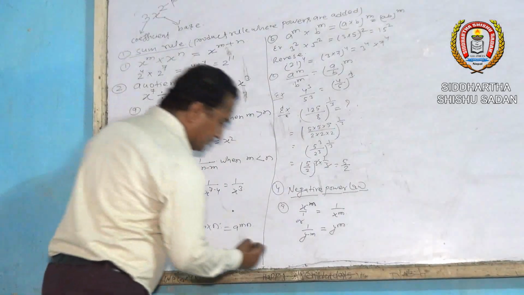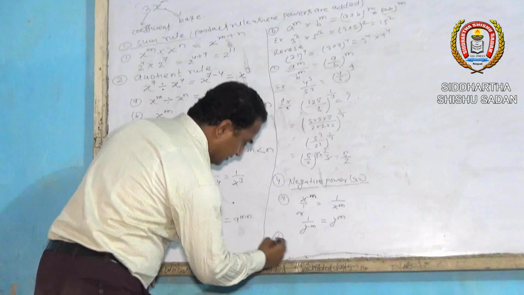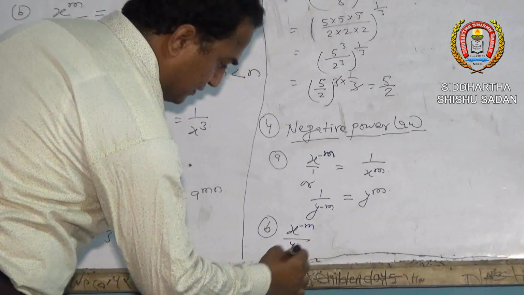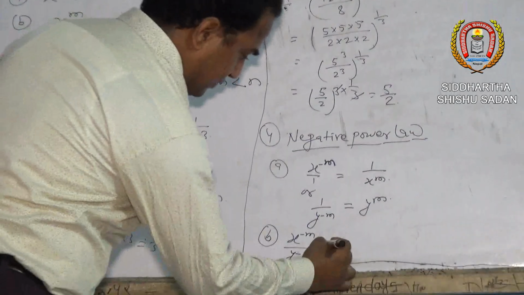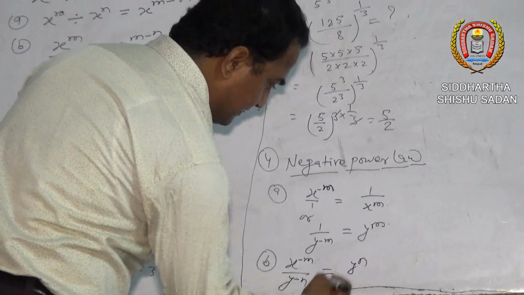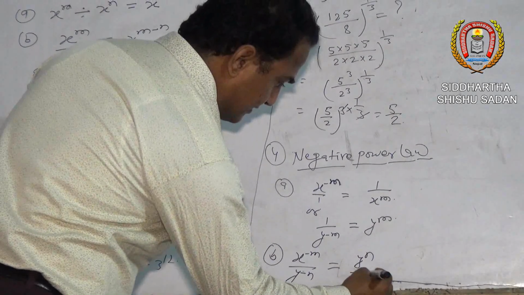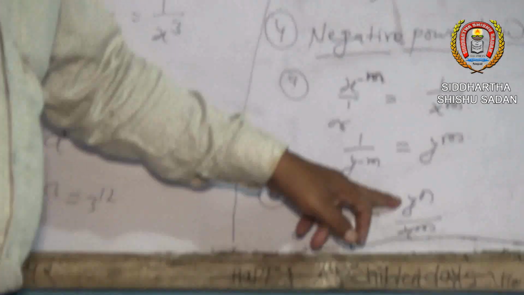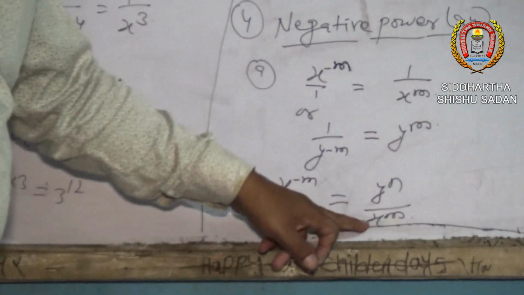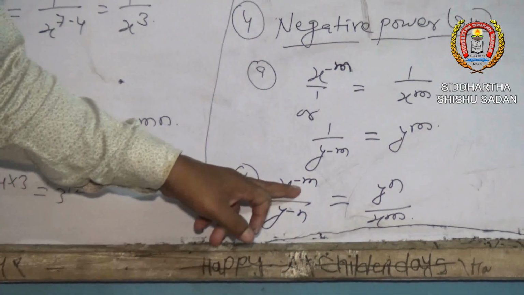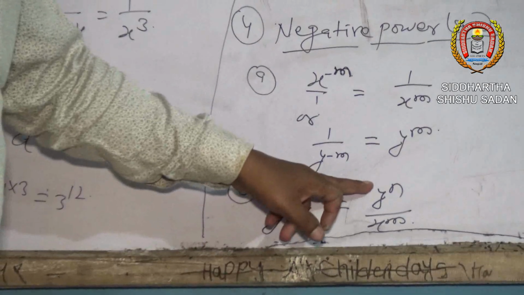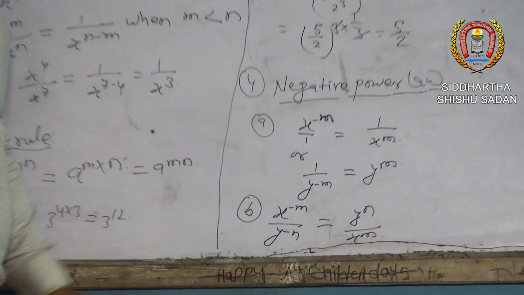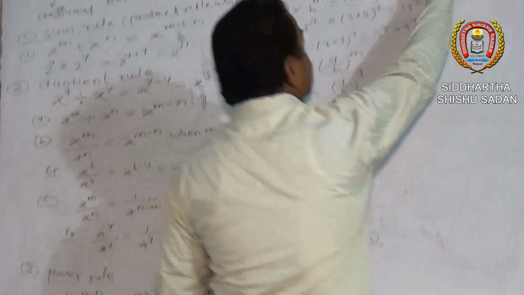Look here, x to the power minus m by y to the power minus n is equal to y to the power n by x to the power m. It means y has gone to the numerator and x has gone to the denominator. That's why the powers of x and y have been changed. Did you understand? Okay.